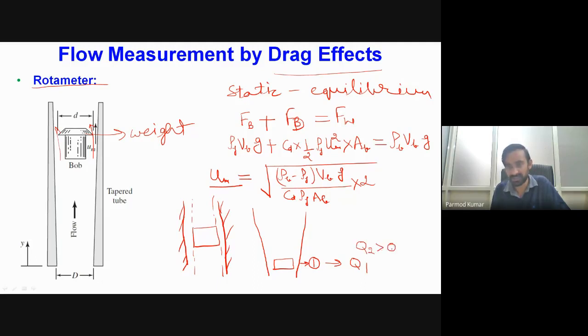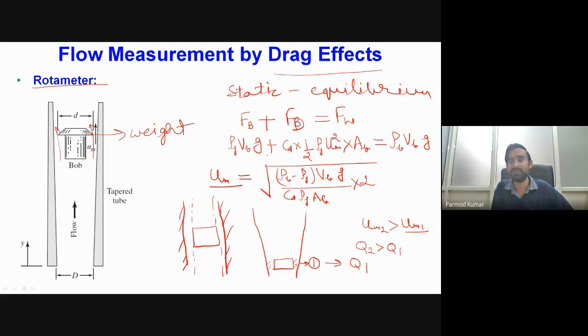So my q2 is greater than q1. So in that case, what will happen? If my float is lying at this section only, because we have increased the flow rate while our flow area has not changed, my velocity corresponding to point number 2 will now be greater in comparison to the velocity corresponding to point number 1. Okay, so because of that, what will happen?